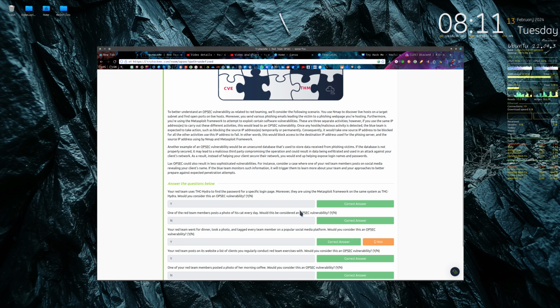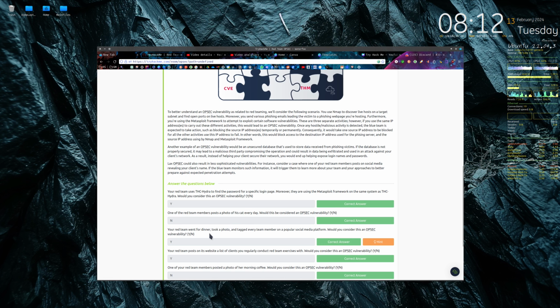OSINT is open source information, and posting things that you don't want to be seen with your team members on could be not a good thing. One of the red team posted a photo of a cat every day. There's not much of a problem here because it's just a cat. But it doesn't identify if the cat is part of the team.